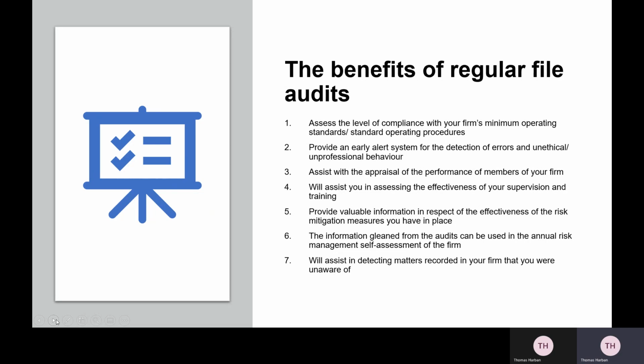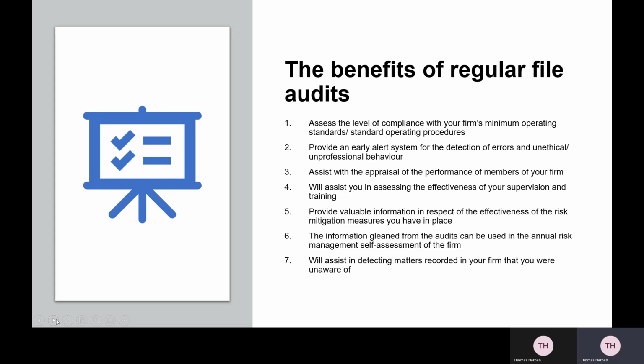You'll also be able to assess your own effectiveness as a supervisor and as the person responsible for the practice. You'll identify certain people or certain functions that need more of your attention and assistance, and where people need training, you can then provide the necessary training.